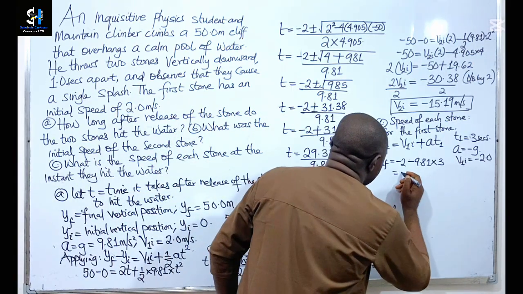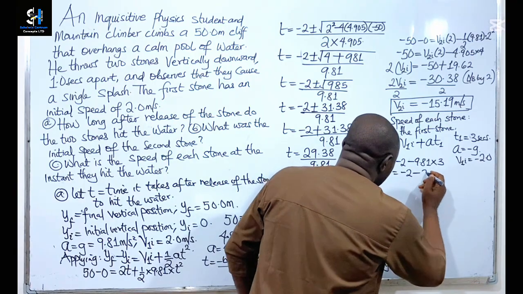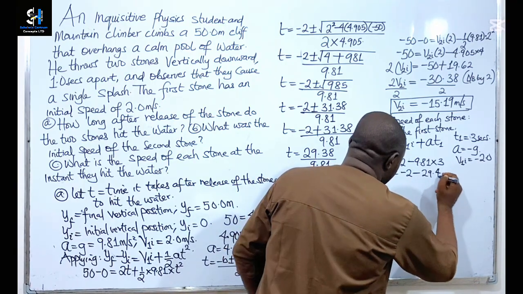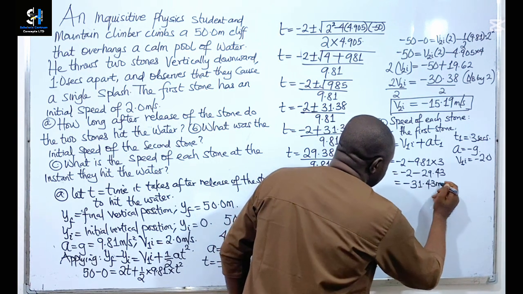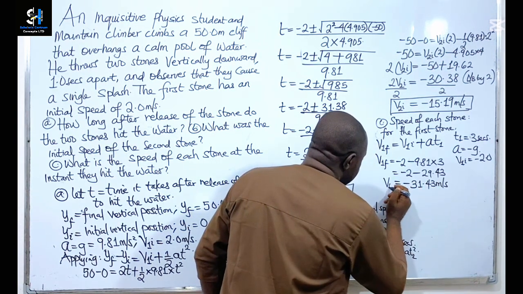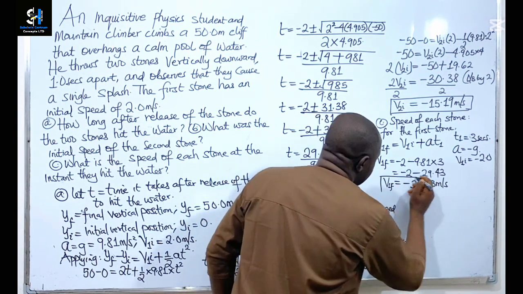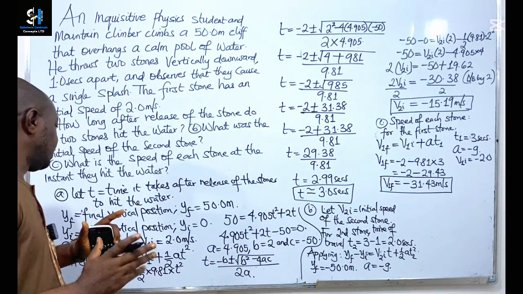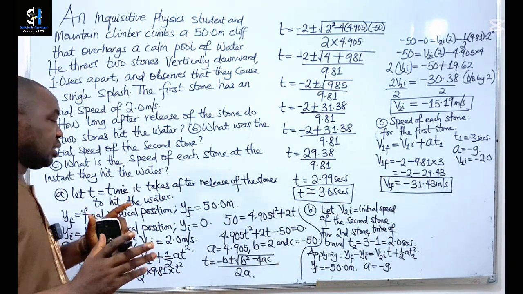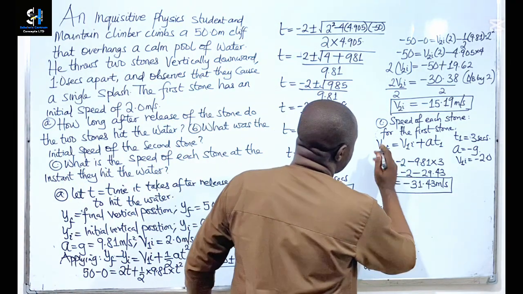So this will be -2 minus 29.43, and that will be -31.43 meters per second. This is the speed of the first stone at the instant it hits the water.